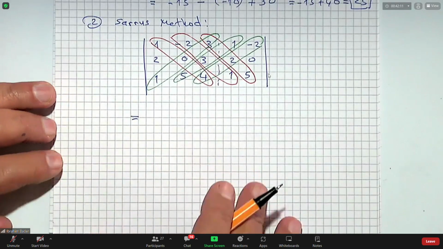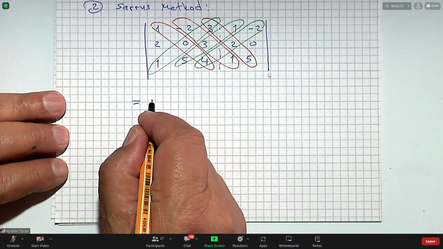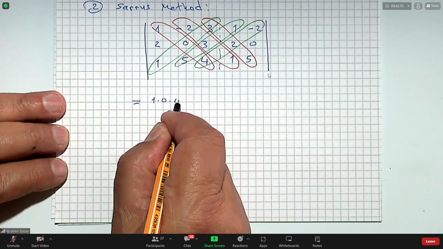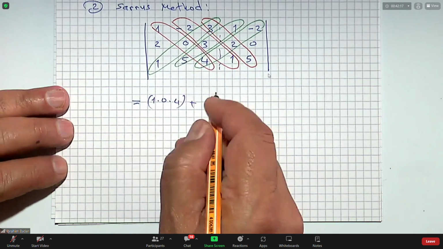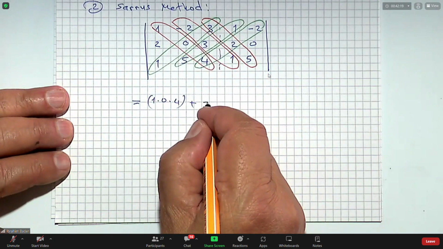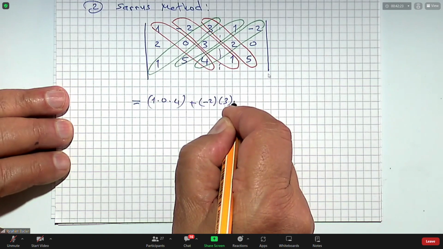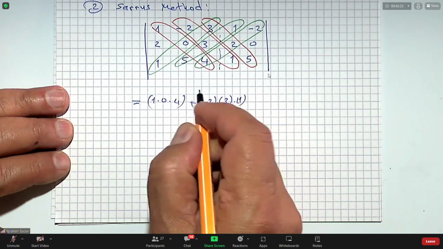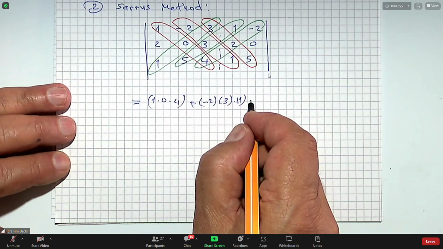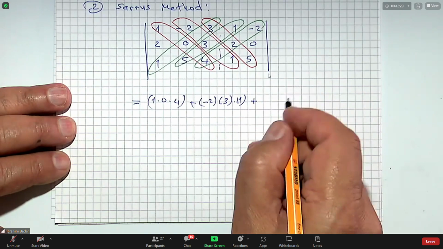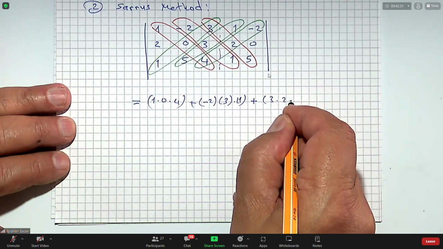Okay, so this is equal to 1 times 0 times 4 plus negative 2 times 3 times 1 plus 3 times 2 times 5.